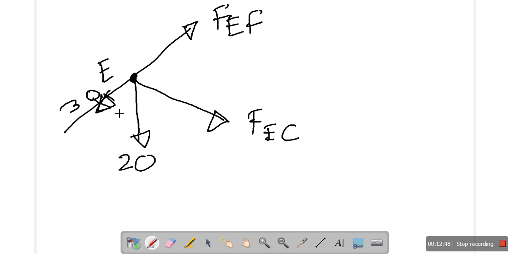So there will be a 30 kilonewton tensile force here in the downward direction, which we have already computed.